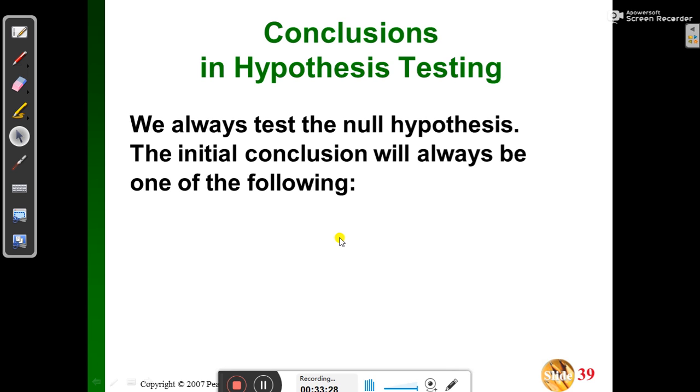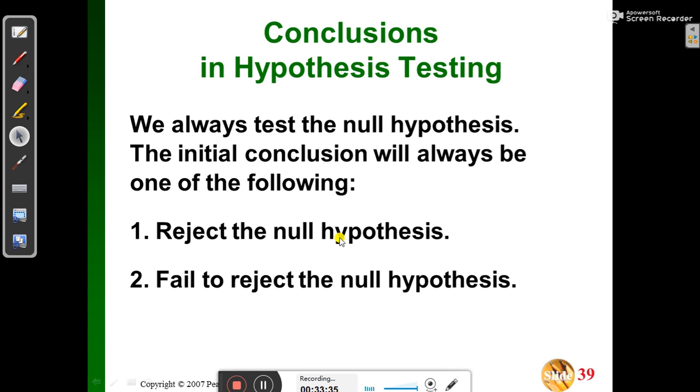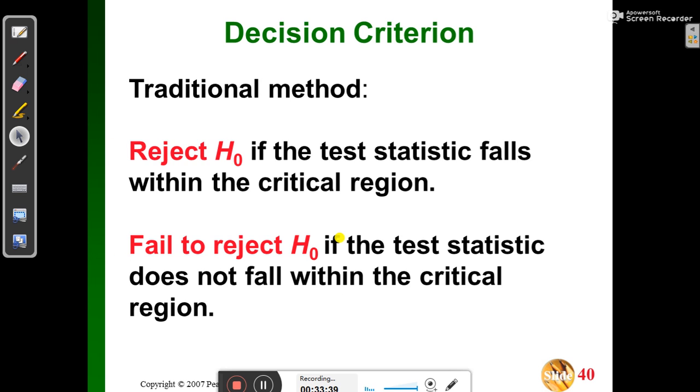The initial conclusion will always be one of the following: reject the null hypothesis, a direct conclusion, or fail to reject the null hypothesis. Now what are the criteria to reject or fail to reject? In case of rejecting the null hypothesis, if the test statistic falls within the critical region, then we can directly reject the null hypothesis.